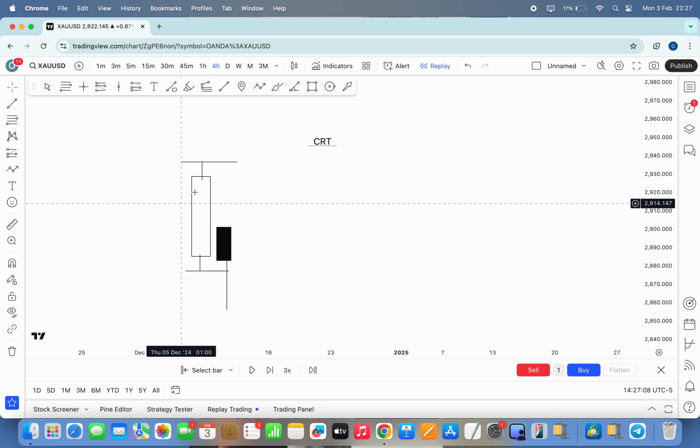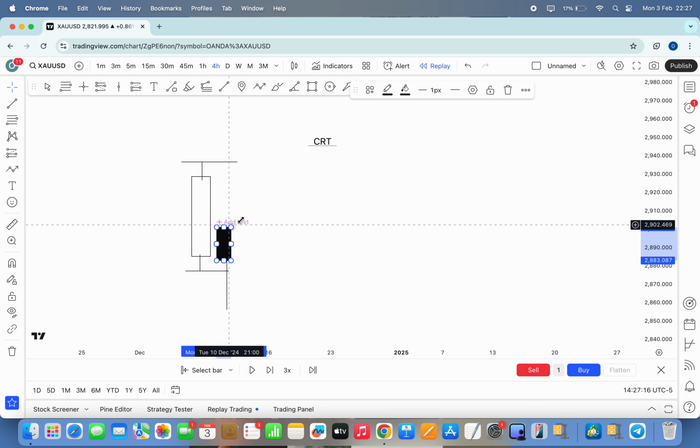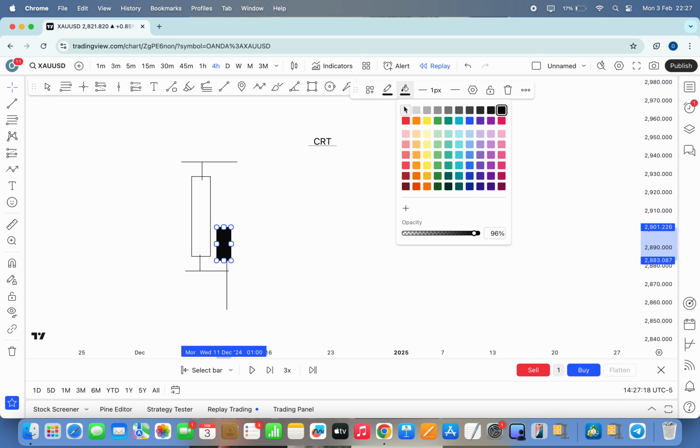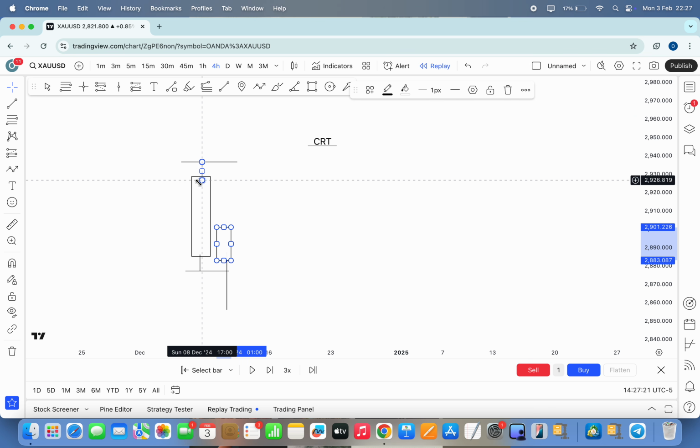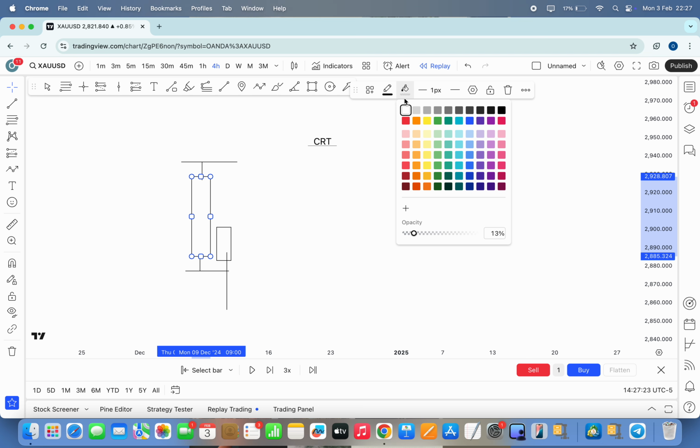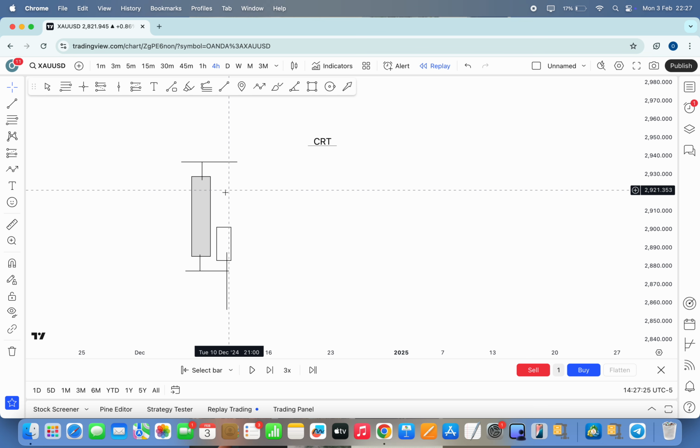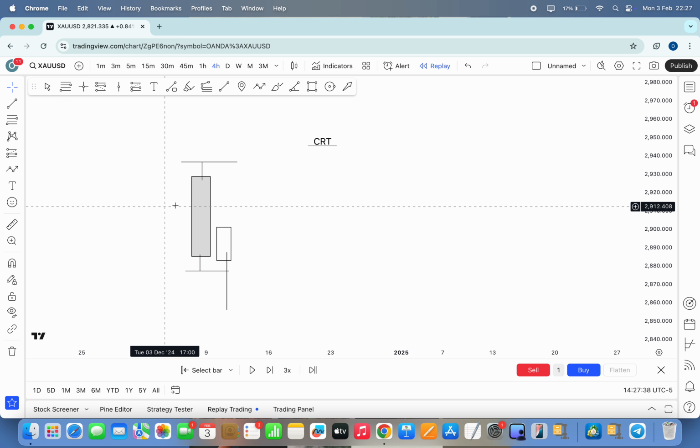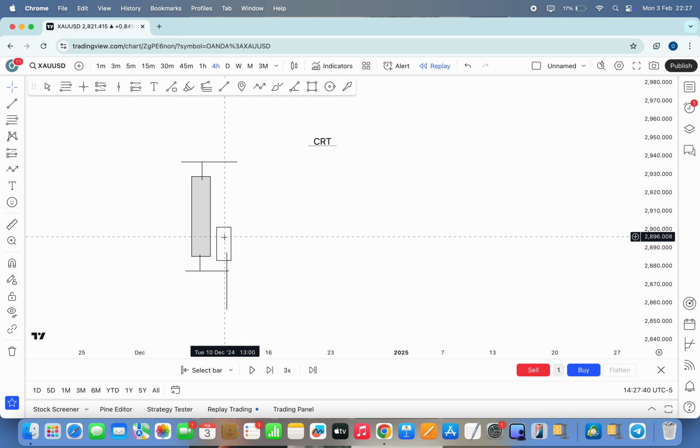The first candlestick, let me mark it as bearish, and the second as bullish. The first candlestick was a huge one. It had a movement, went down, and closed. Then the second candlestick was a doji candlestick, which you learned about when you started trading.